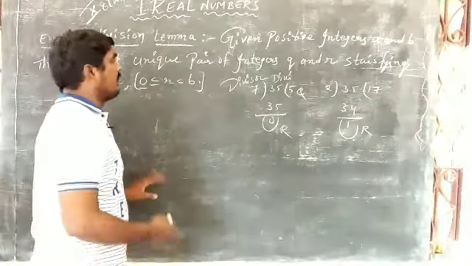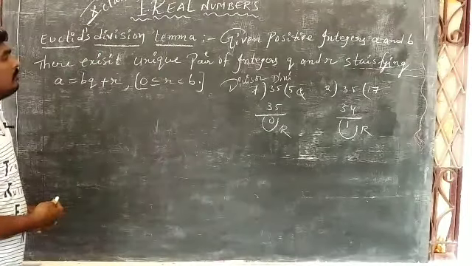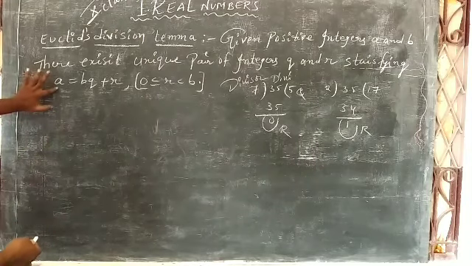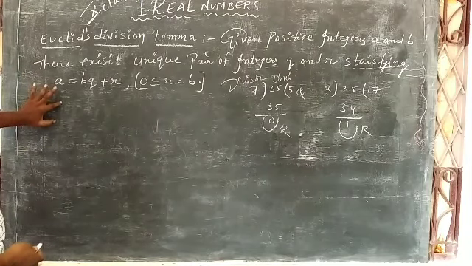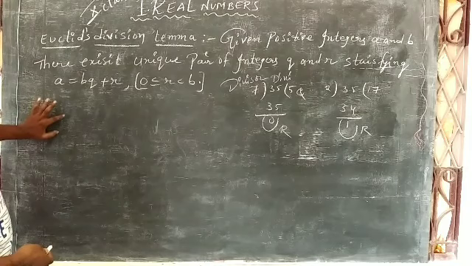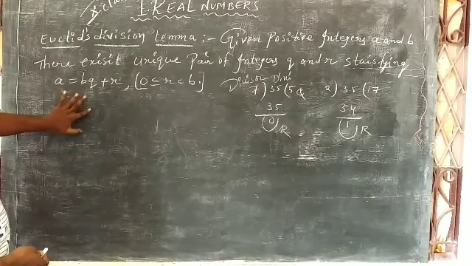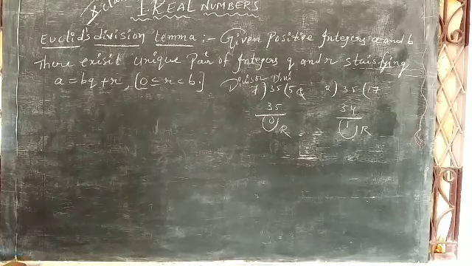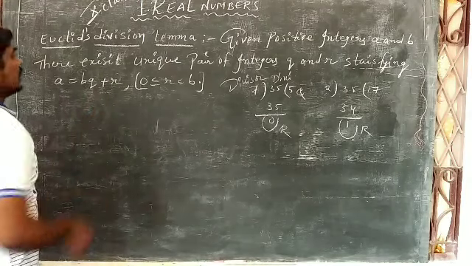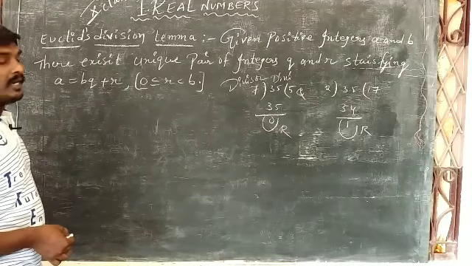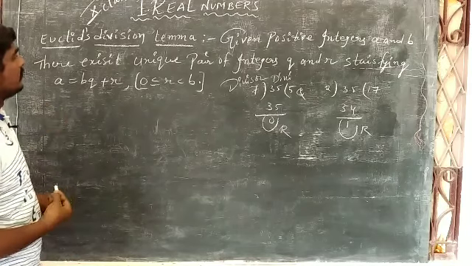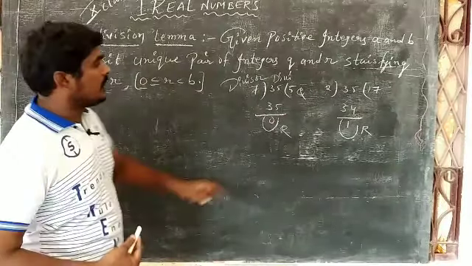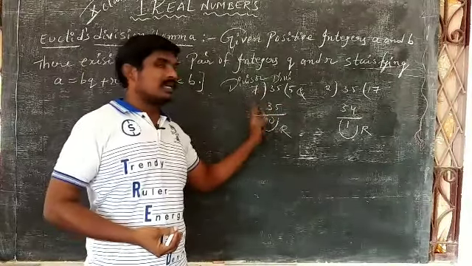B value means, here, let us just see the rule. A is considered as the dividend, b can be considered as the divisor, q can be considered as the quotient, r can be considered as the remainder. Okay, a is the dividend. So b is the divisor. You see here the relation between divisor and remainder.